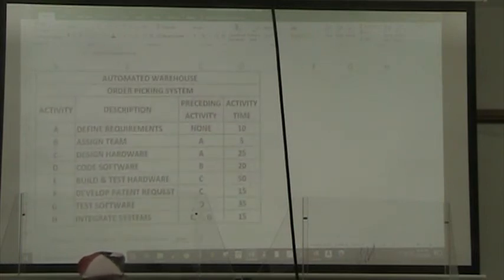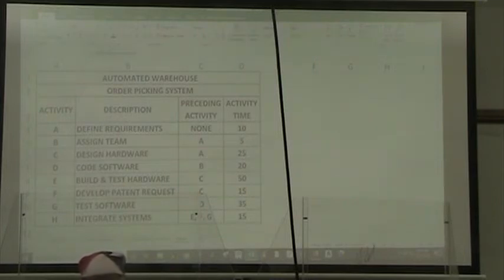All right, so here is, let me make this larger. Here is the automated warehouse order picking system.